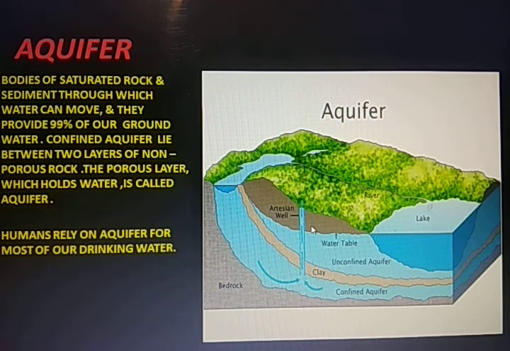And these aquifers are saturated sedimentary rocks, and around 99% of our groundwater is stored there, and that is used for drinking purposes, right? Which is present in the Central Lowland. So this is the unique feature in Central Lowland, the aquifer and artesian basin.